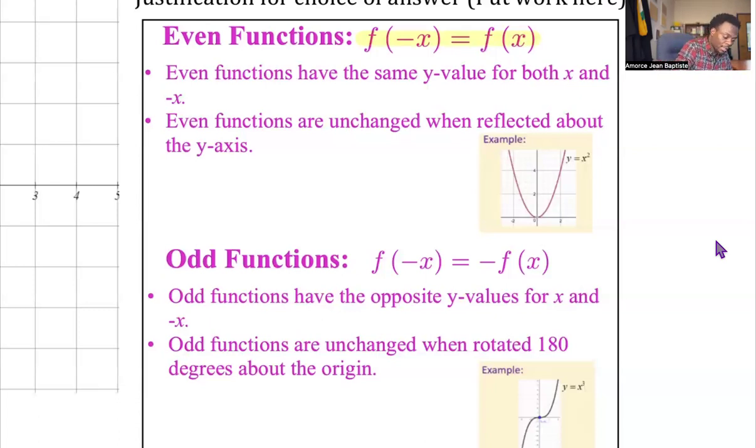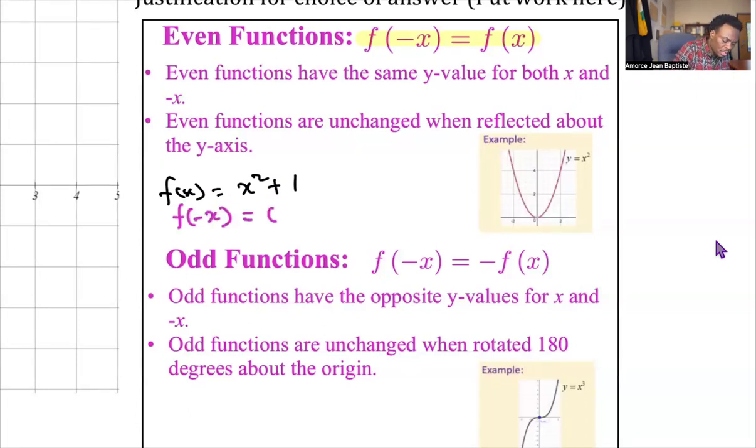Let's say, for example, I take f of x equals x squared plus 1, right? I take this function here. Now, I want to know whether it's even or odd. What I do is replace x by negative x. If f of negative x is the same as f of x, then I say, oh, okay, this function is even. Let me see. So we're going to calculate f of negative x, right?